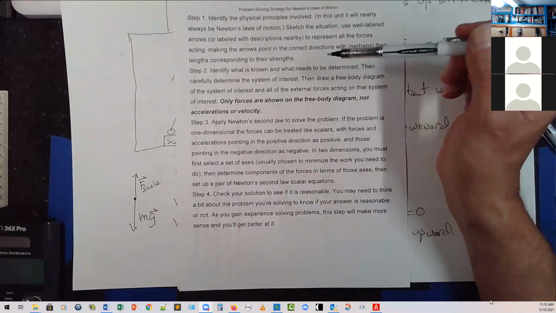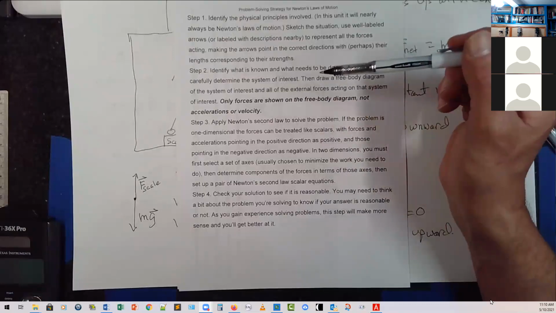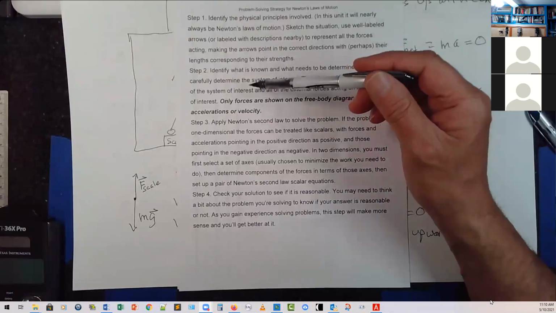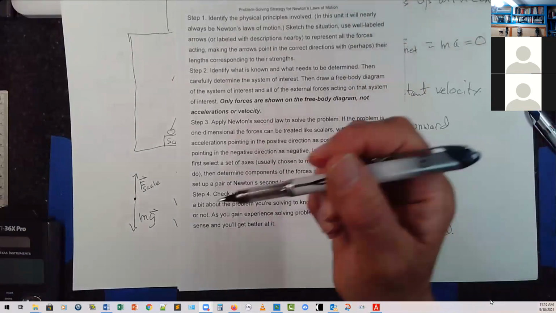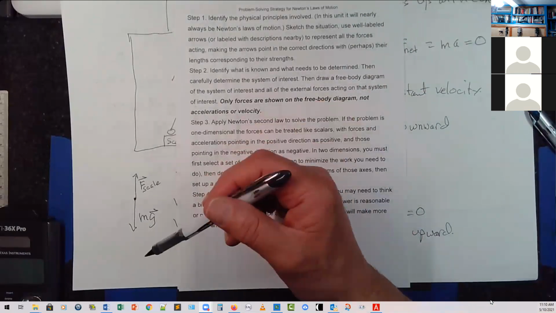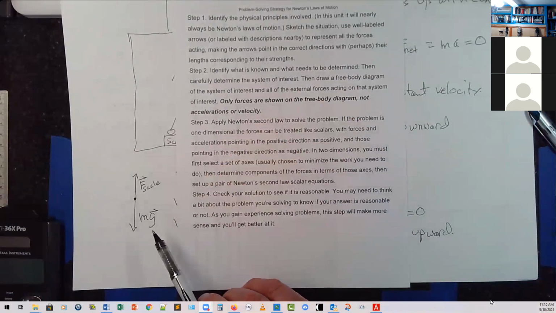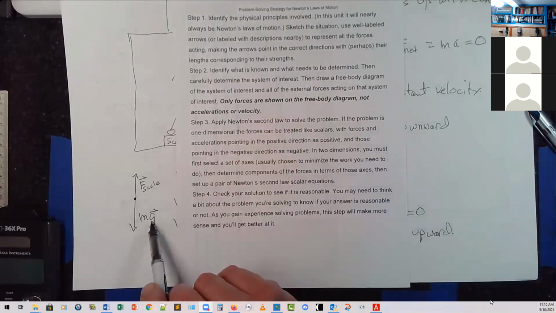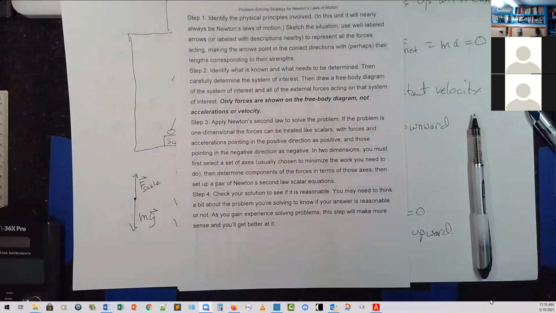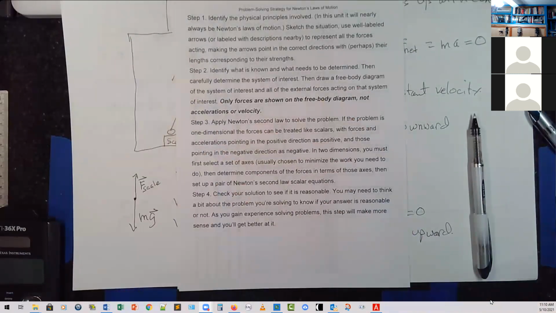Carefully determine the system of interest, draw a free body diagram of the system of interest and all the external forces acting. Okay. We're going to gradually add more forces to these problems. In this case, it was just the scale and the person's weight, the only two forces, and it was a nice one-dimensional problem because everything was going on in the vertical direction.